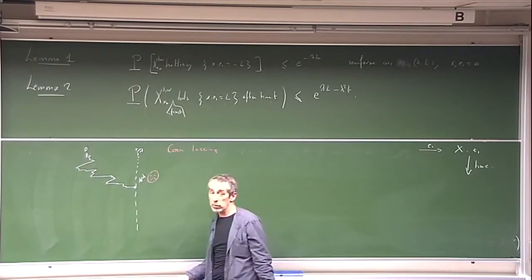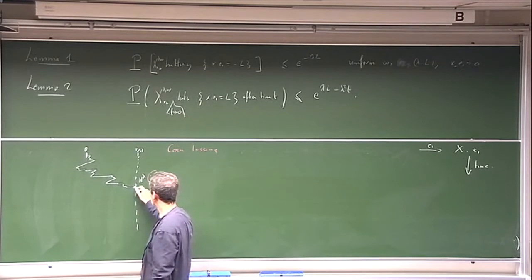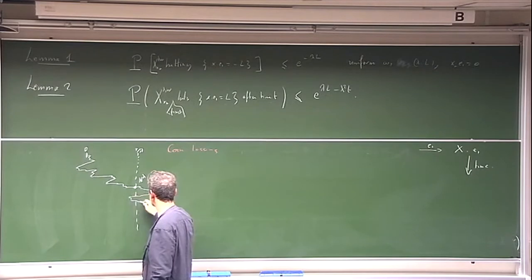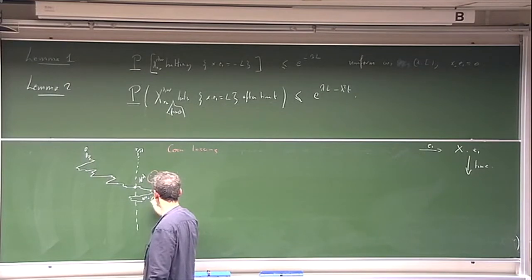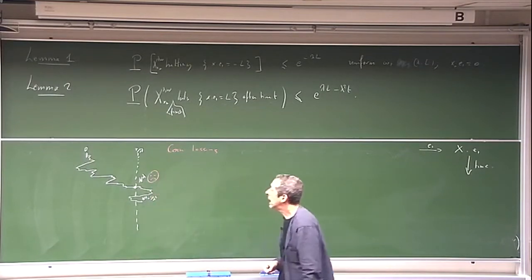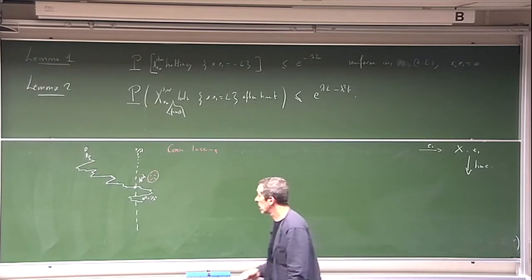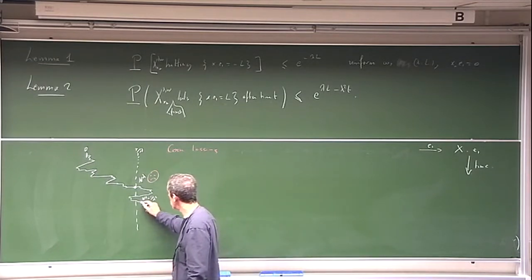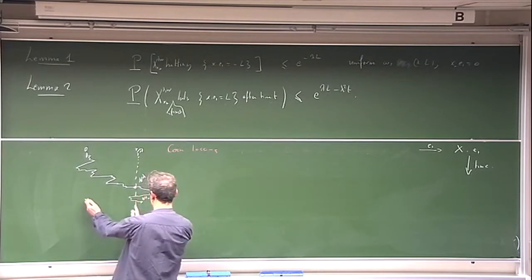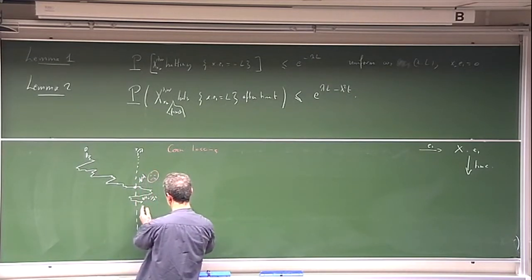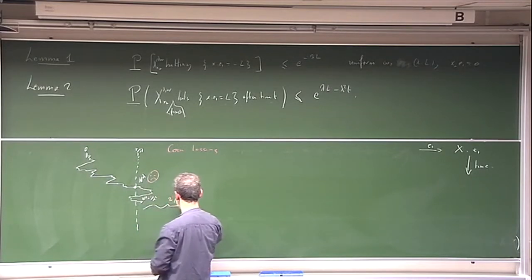So I wait time 1 over lambda square. During time 1 over lambda square, the diffusion process does something. So this is time n lambda plus 1 over lambda square. And then I start again, but this is my new initial position. So I measure a length 2 over lambda from that point. So here I'll have a distance 2 over lambda.